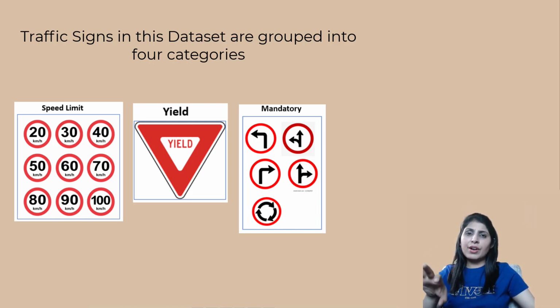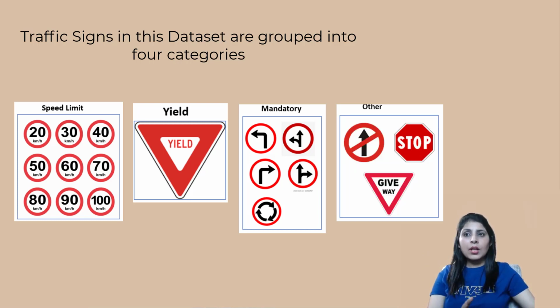These kinds of traffic signs come under the mandatory class. And then we have the fourth class, other. In this other class we have traffic signs like no entry, stop, give way, these kinds of signs, right? So how many classes do we have? 4 classes: speed limit, yield, mandatory, and other.